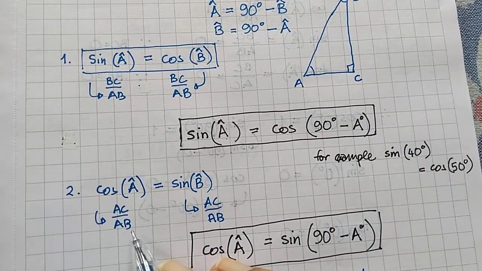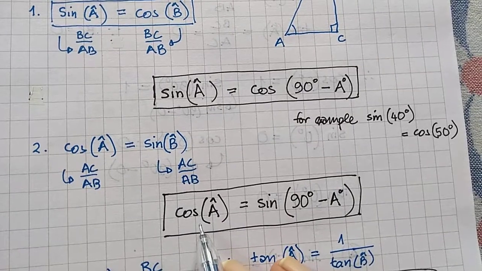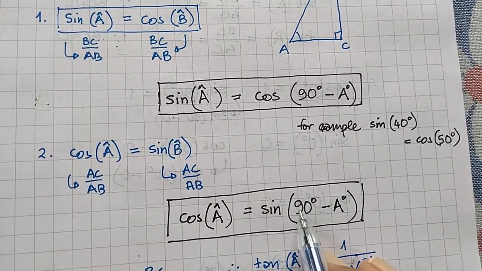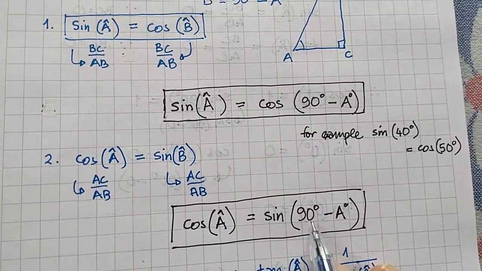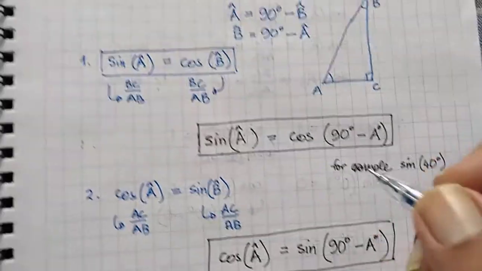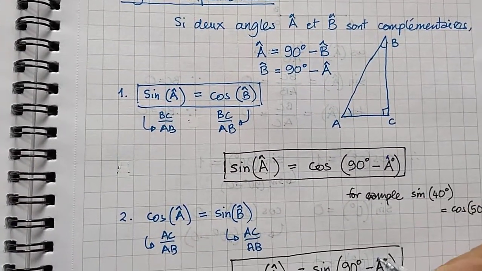So here also it's AC sur AB. So therefore we get cos of A est égal à sinus of B, which is 90 degrés moins A. Pardon, this should be A chapeau.